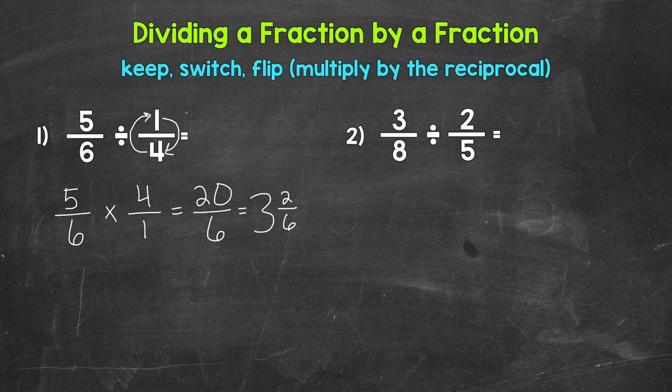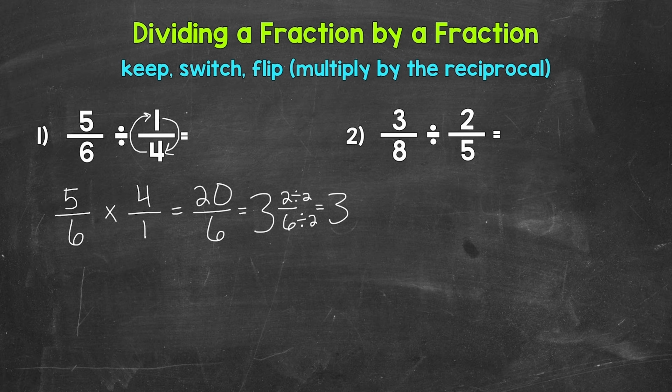Now 2/6 can be simplified. We have a common factor other than 1 here that we can divide 2 and 6 by. We have a greatest common factor of 2. So let's divide 2 by 2 and 6 by 2 in order to simplify.